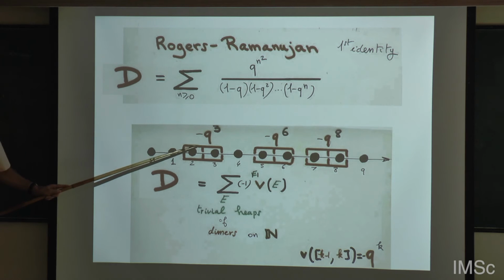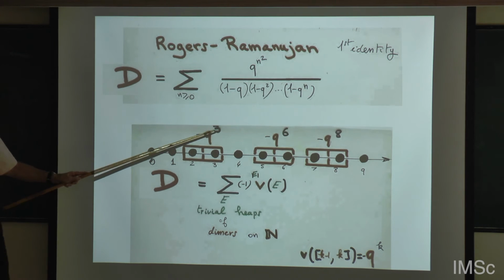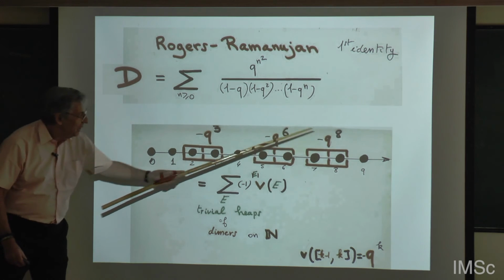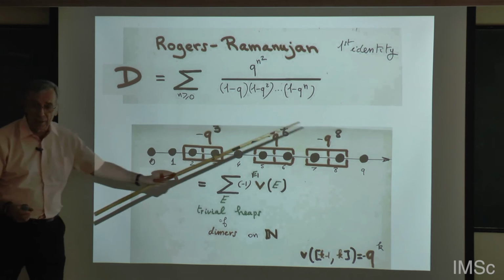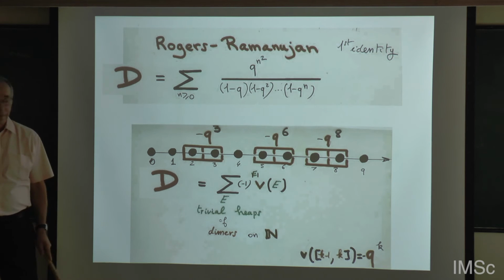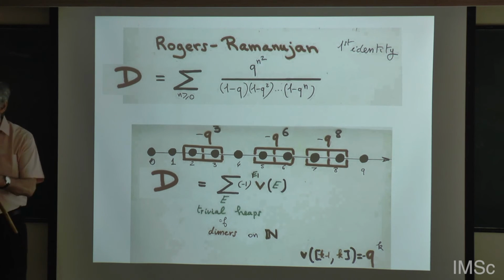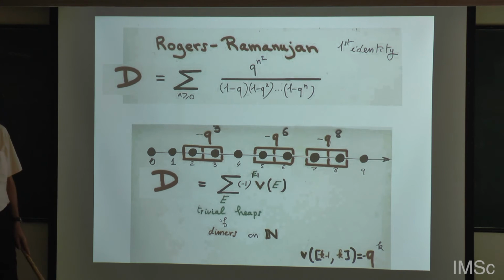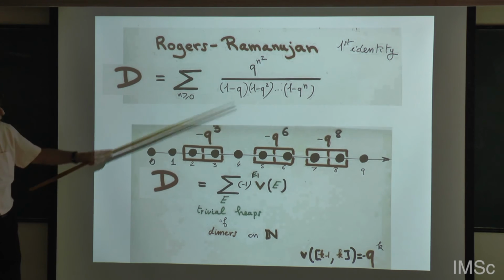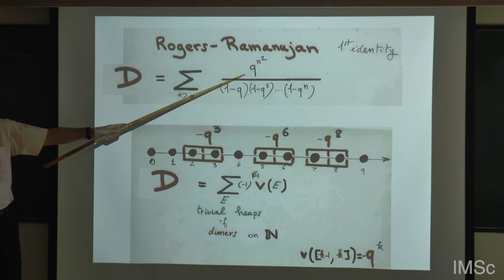Because here it's an example of trivial heaps, minus q^3, q^6, q^8, and you get these numbers, it's a D partition. The difference between two consecutive parts is at least 2. Because the best you can do is two dimers touching, and the difference will be at least 2. So the denominator is the left-hand side of the first Ramanujan identity.